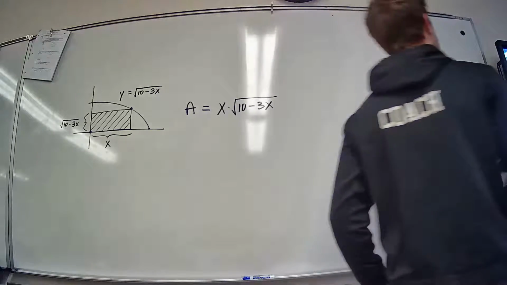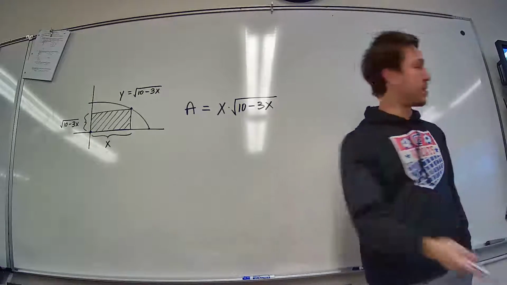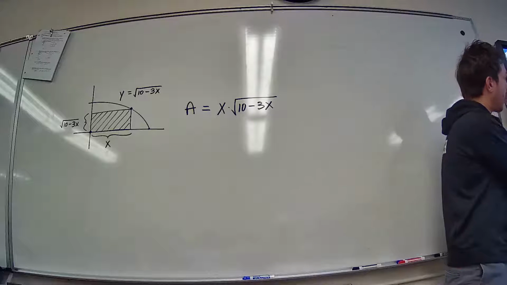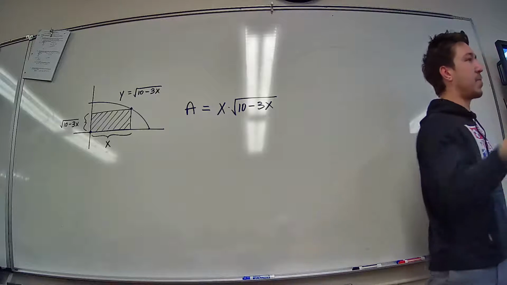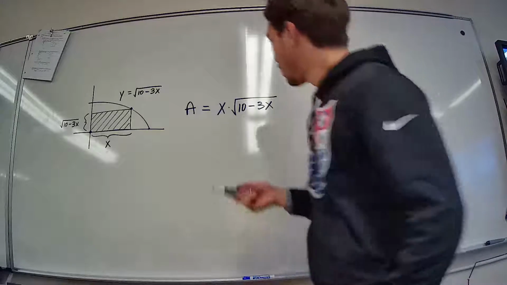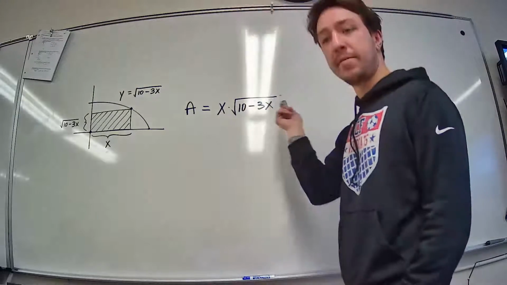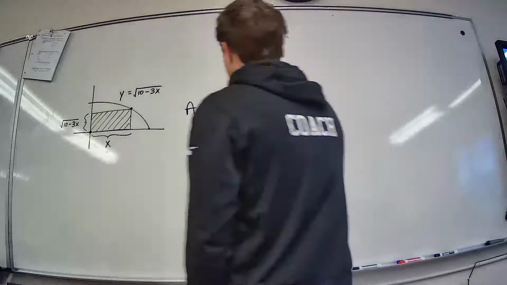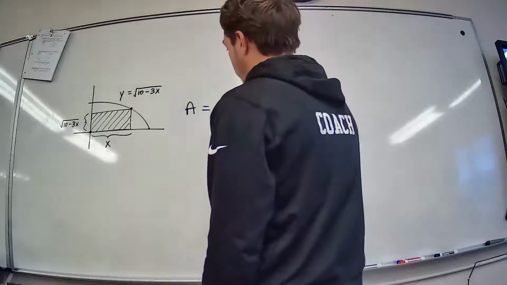Now, also what makes this one a little bit easier is it's not asking for the area, it's just asking for the x value that would maximize the area, right? So all you do is find the x value that gives us a zero derivative. Product rule.